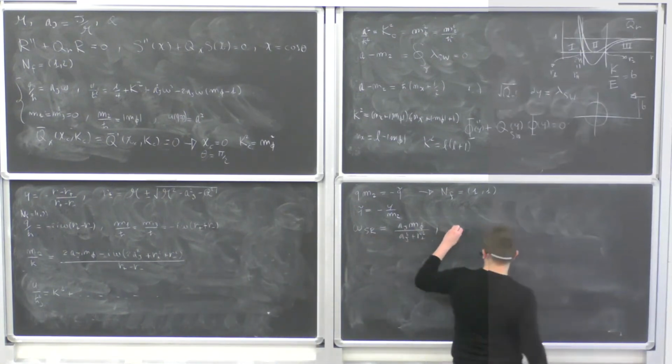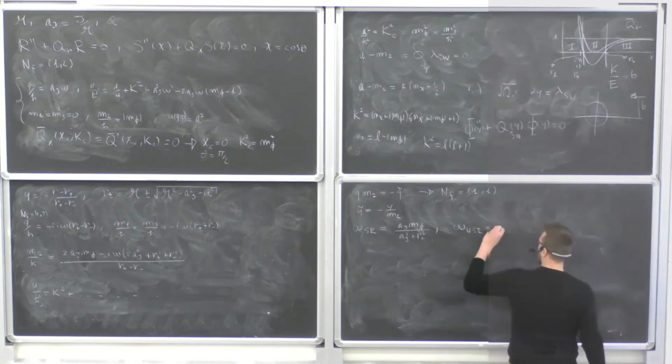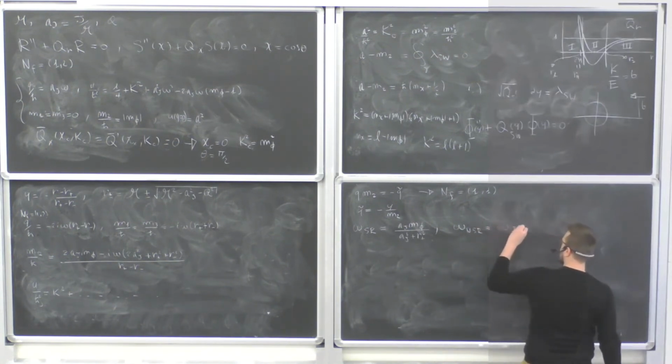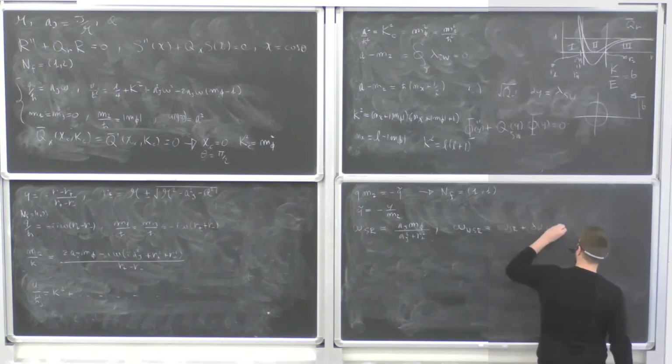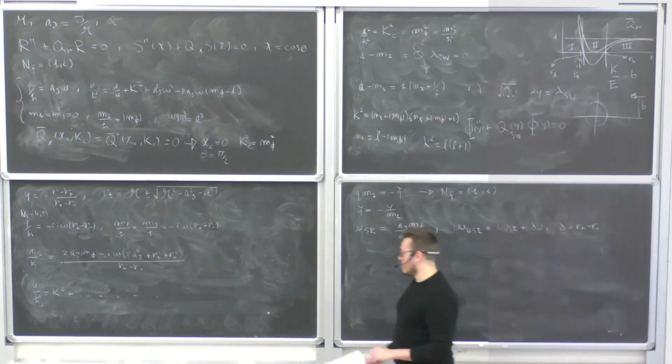Okay, so I can do more. I can study near superradiant modes, where for simplicity I will call delta the difference between the two horizons of the Kerr-Newman black hole.